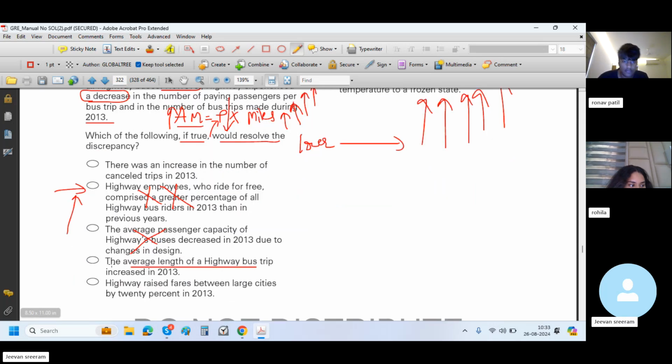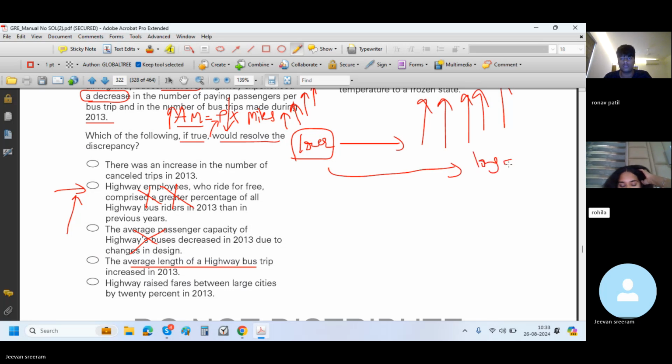The average length of a highway bus trip increased in 2013. So the bus trips' average length increased means, as per the number of miles the passengers traveled, this average length of a highway bus trip is calculated. My point is that the lower number of passengers have actually traveled long distances.